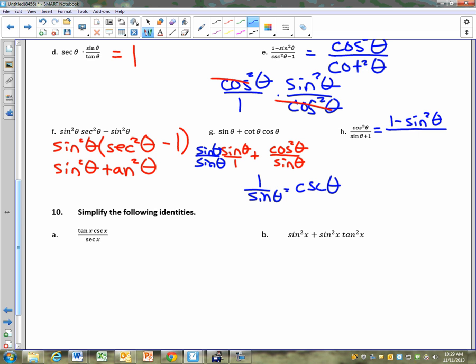Solveig is correct. I'm going to show her an easier way to do it. I'm going to take cosine squared and insert 1 minus sine squared. You might say, well, why would you do that, Mr. Gens? That just looks more confusing. Well, I recognize that if I factor 1 minus sine squared, I will get something to cancel, won't I? So what Solveig did was excellent. She created a sine squared on the bottom by multiplying by the conjugate. And when you create squareds, a lot of things substitute.